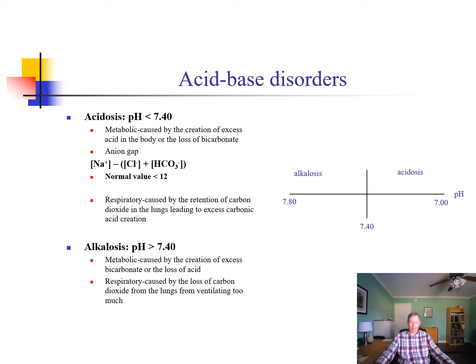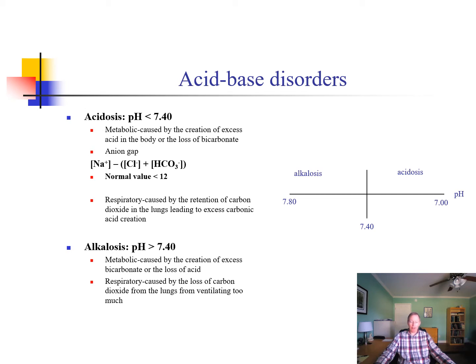gap metabolic acidosis. I also have the possibility of a respiratory acidosis where I retain carbon dioxide in the lungs, and therefore that leads to the generation of excess carbonic acid. And that also comes in two flavors. It comes in an acute and a chronic, and we'll talk about those later.